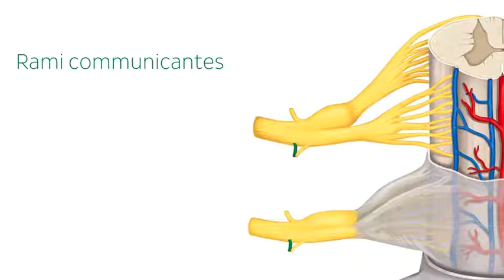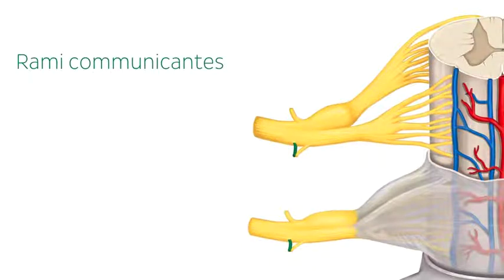If you remember in the beginning of the tutorial, I mentioned that in the thoracolumbar region of the spinal cord, we see the lateral horns of the grey matter, which is where the autonomic neurons are located. The axons of these neurons travel through the anterior roots and then through the spinal nerves.